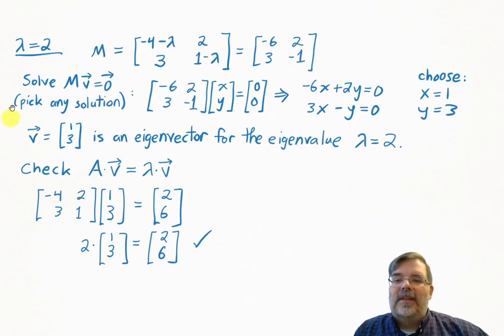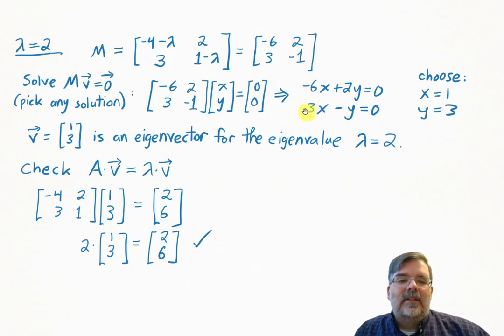So we'll start with lambda equals 2. In this case, substitute 2 into your matrix M. Here we get negative 6, 2, 3, negative 1. Then we solve the equation M times V equals 0. And again, we notice that there's a free variable. There should always be a free variable.